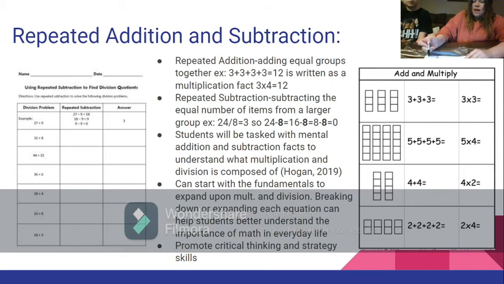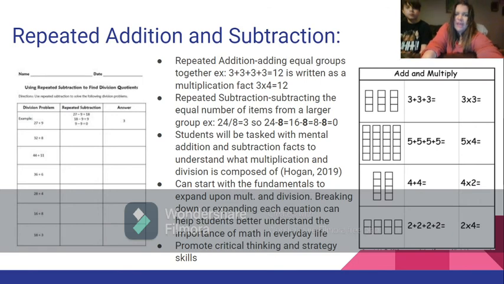We would then stop and see how many times did we subtract 8. 1, 2, 3. So 24 divided by 8 would be 3.